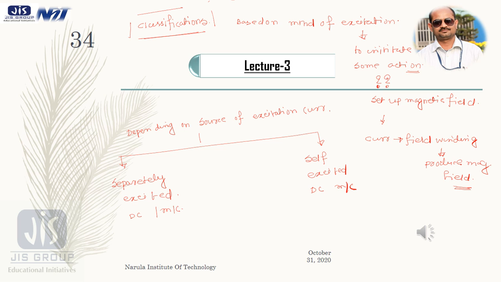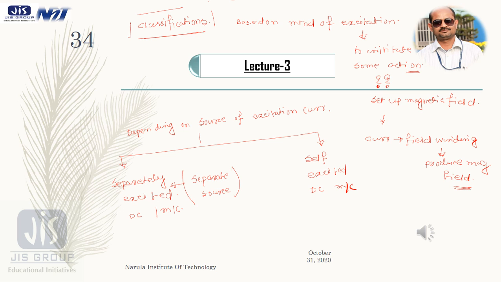Okay, now as the name suggests, if the excitation current is drawn from a separate source, then it is called separately excited DC machine.